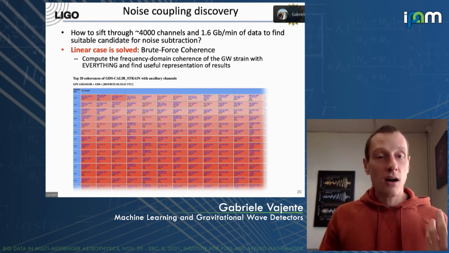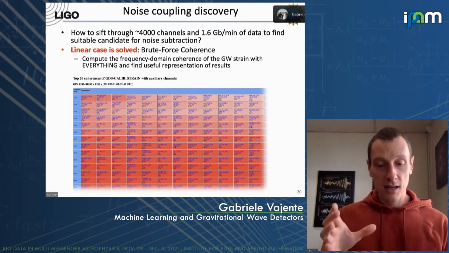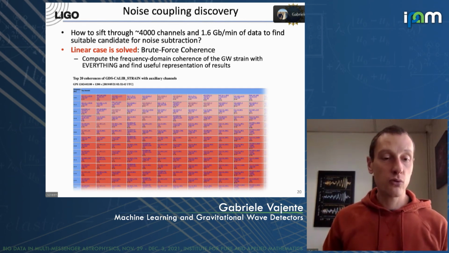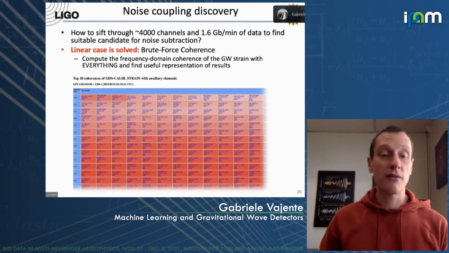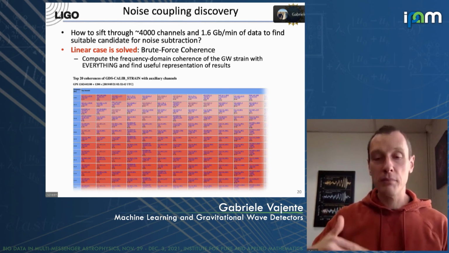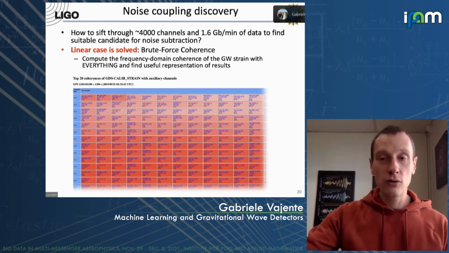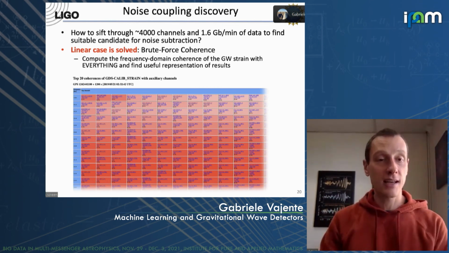In the case of a linear stationary coupling, the problem is solved. We can do what we call the brute force coherence, because if there is a linear relationship between an auxiliary channel and the gravitational wave strain, then we can compute the frequency domain coherence based on FFT transforms. And if that's close to 1, it means that there's a good probability that that auxiliary channel is witnessing noise that can be subtracted.